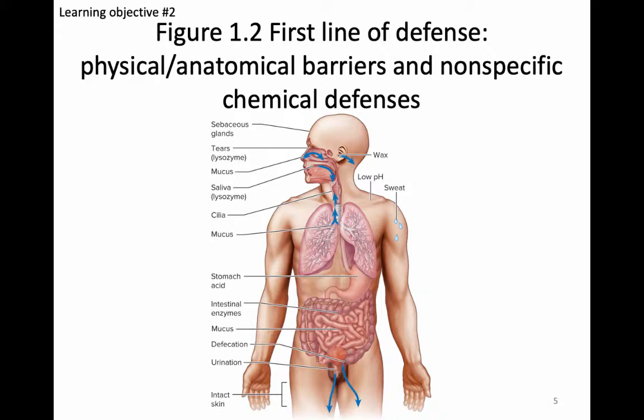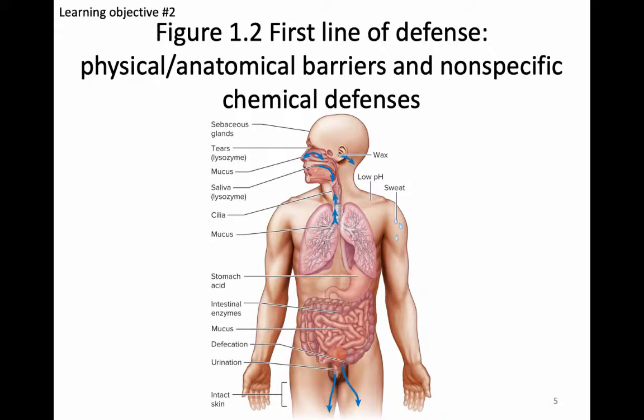In the first line of defense, we also have several non-specific chemical defenses. Some examples of these are tears in the eyes, which contain an enzyme called lysozyme. It's also present in saliva and sweat. Lysozyme will break down the cell wall of bacteria. We have sebaceous glands, which release oils in the skin that are antimicrobial.